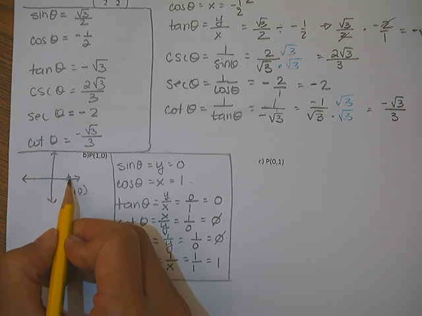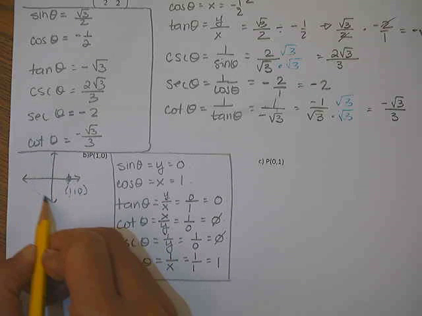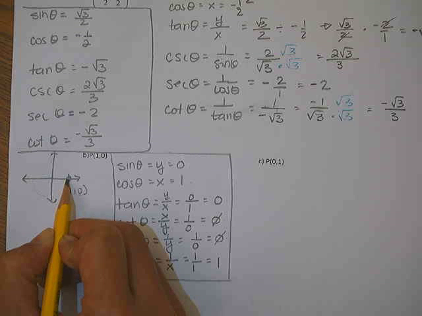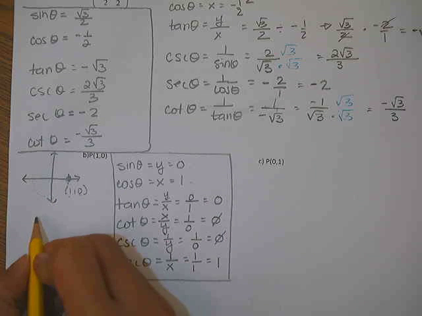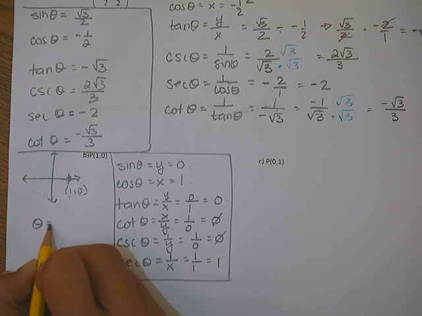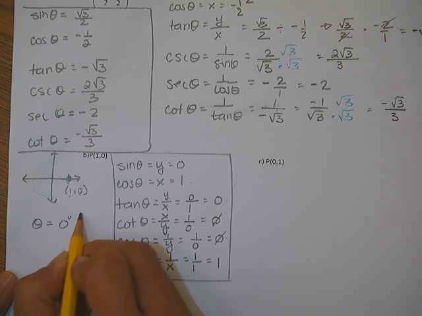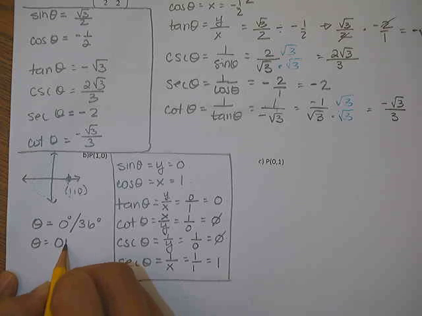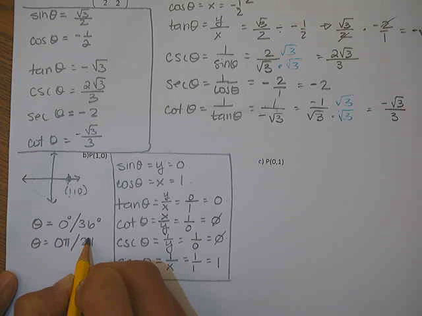Now, if I were to draw a circle, this point is also called the 0 degree or 360 degrees, or 0 pi or 2 pi. So theta is the same as 0 degrees or 360 degrees. Or if I want to talk about radians, then it's 0 pi radians and then 2 pi radians.